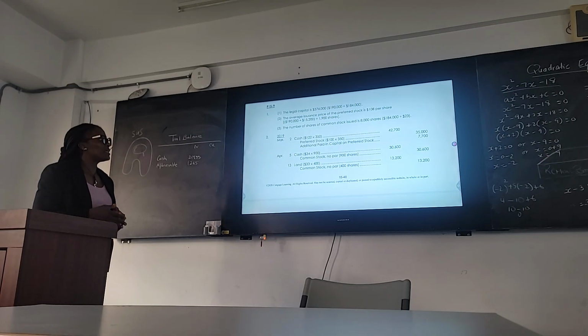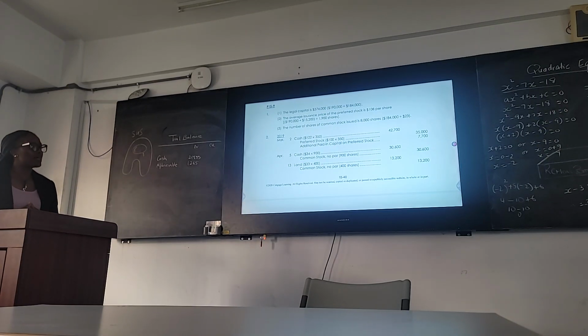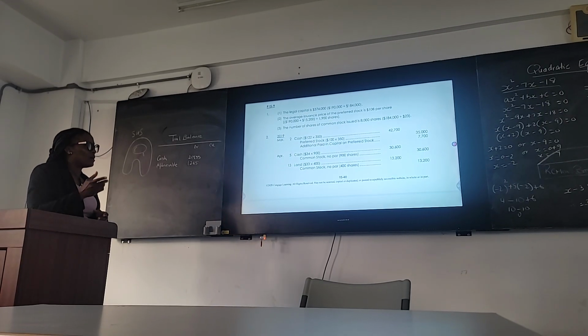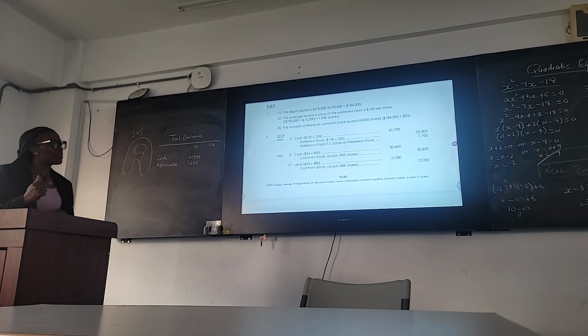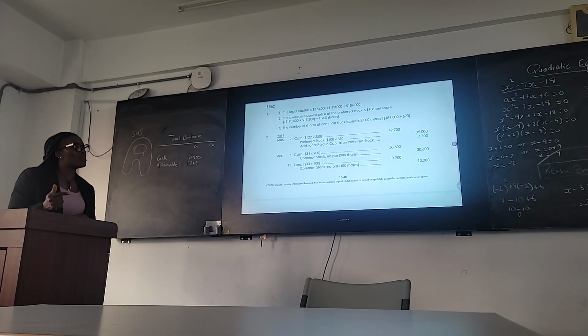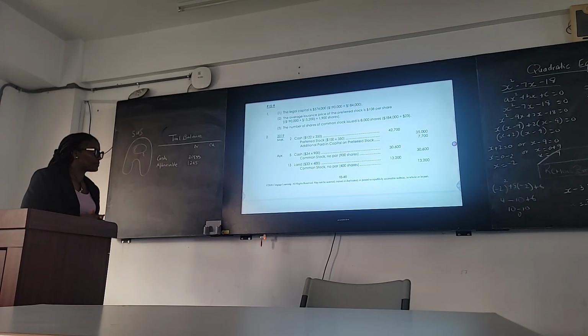Therefore, 122 times 350 is 42,700 to be debited to cash. What goes to preferred stock equity account? 100 times 350, which is 35,000. Therefore, additional paid-in capital on preferred stock is 22 times 350, which should give us 7,700.